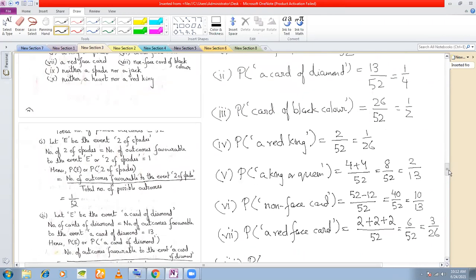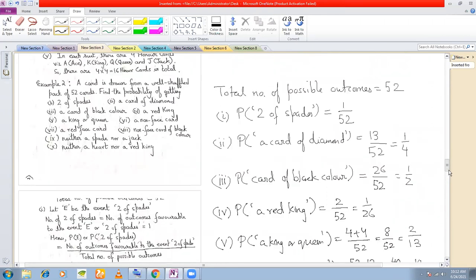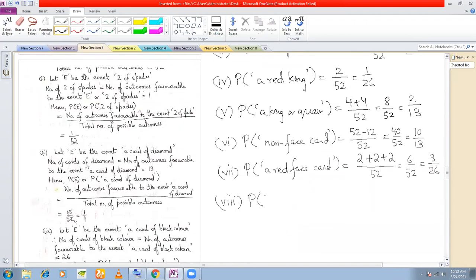Next question is a non-face card of black color. How many black colored cards? 26 black colored cards, right? Minus, and it has to be non-face also. How many face cards of black color?